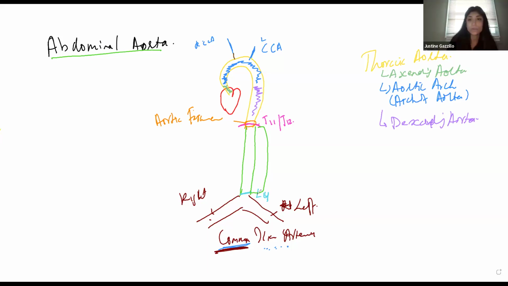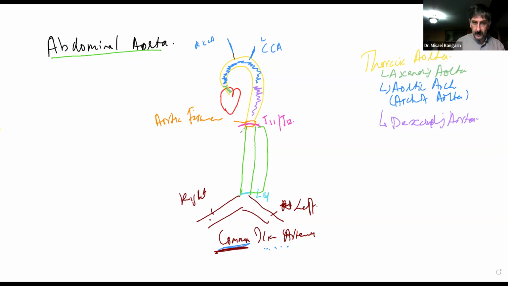Sorry, did you say it starts from T4 or what did you say? It starts from T11 or T12. Okay, thank you. But it finishes off at lumbar vertebra L4, because that's when it's going to split into 2.